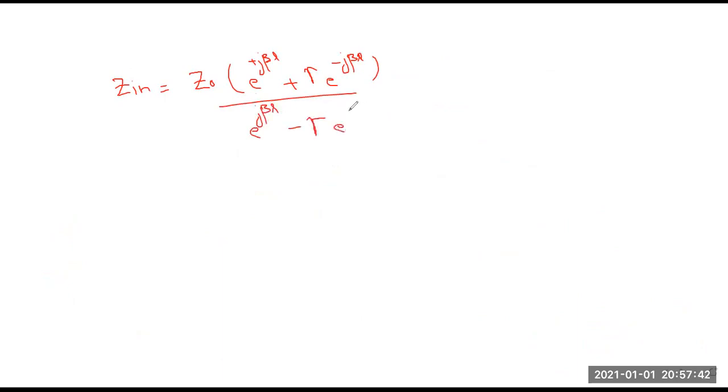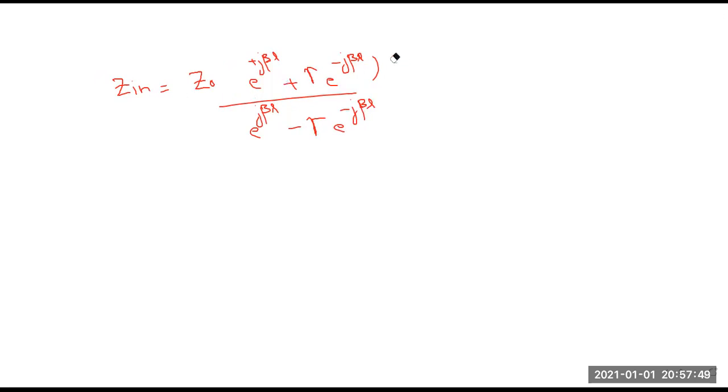So what you will get is Zin will come out to be equal to Z naught times e plus j beta L plus reflection coefficient e power minus j beta L, divided by e plus j beta L minus reflection coefficient e power minus j beta L.